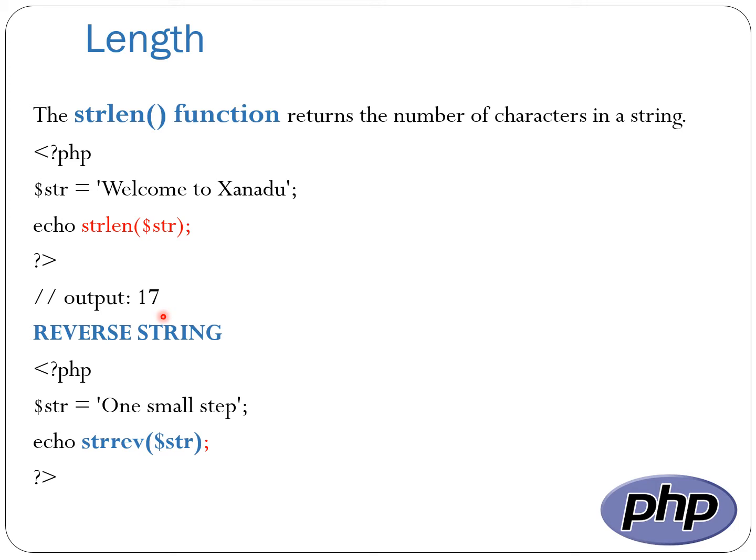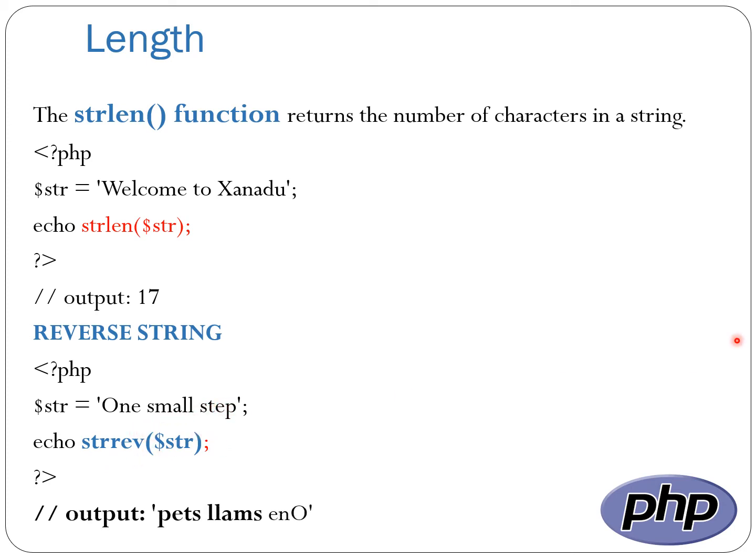Then another function available for strings is for reversing a string. For reversing a string, we have a function called strrev. Here we have an example. The starting PHP script tag, then $str is equal to "one small step". So echo strrev of str. In this case, it will reverse the string value.